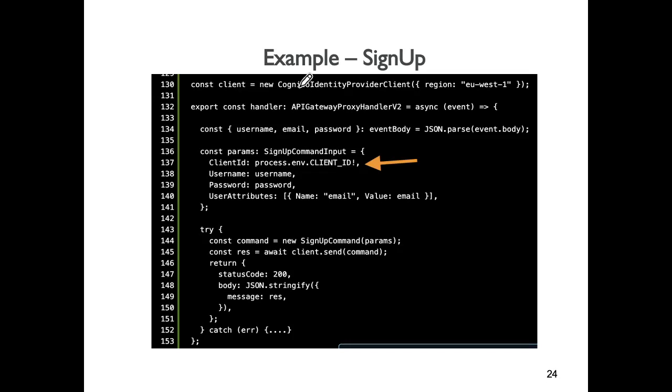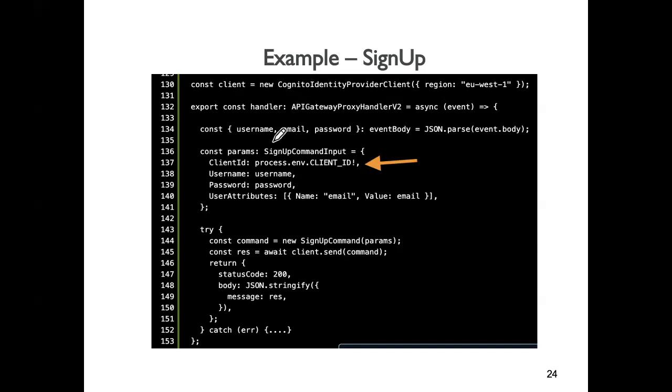If you remember, with the DynamoDB SDK client, we create what are called command objects, and we send those command objects to DynamoDB. It's the same kind of pattern that we use with Cognito. With Cognito, we create Cognito-specific command objects, and we send those command objects to the Cognito service.